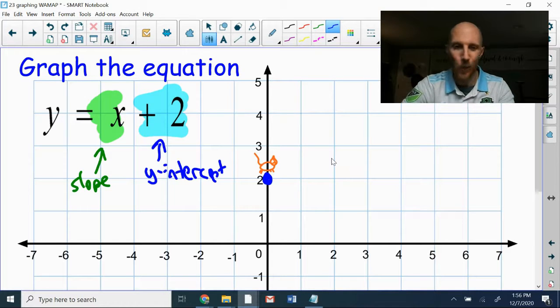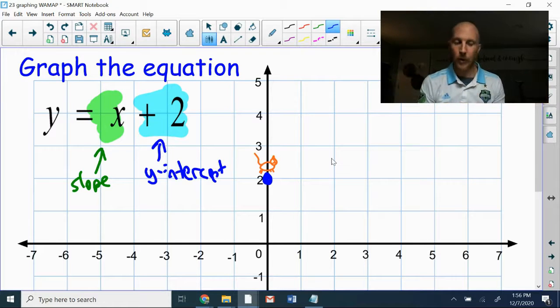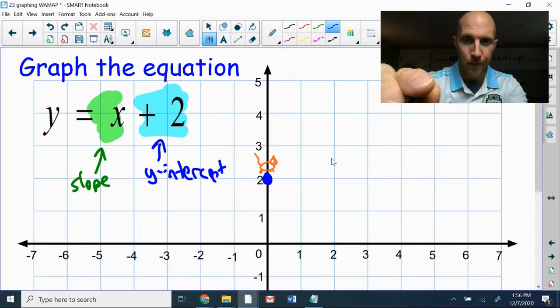But we don't ever write 1x. We just say x, and it means that there is one. If there's a different amount of x's, then there'd be a number there specifying how many x's there are. But if I happen to have a decorative pumpkin, I don't need to tell you that I have one decorative pumpkin. I just say I have a decorative pumpkin, and that means I have one. Same thing happens with x's.